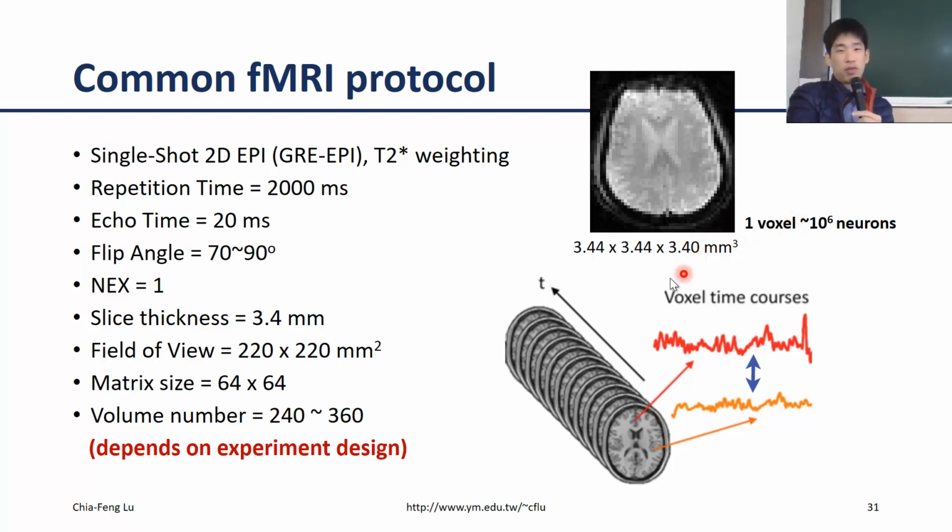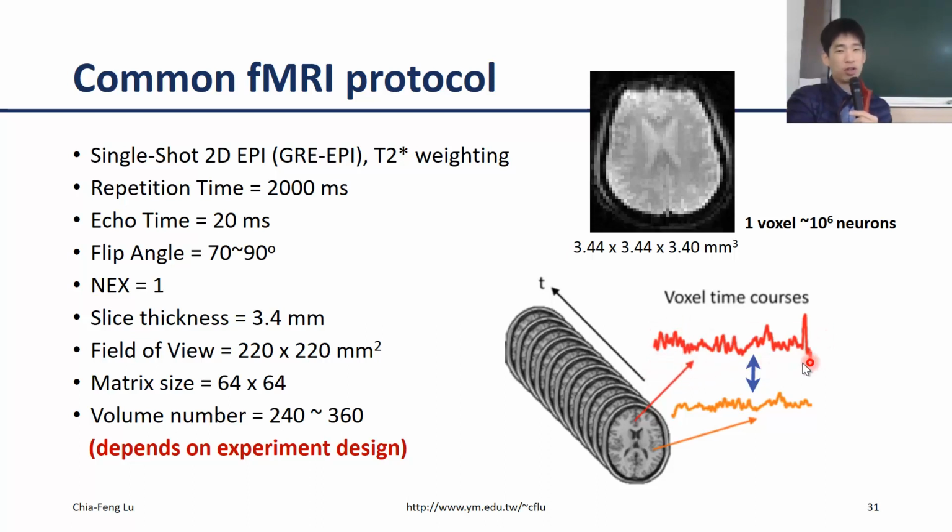As I mentioned before, within one voxel there are actually over 1 million neurons inside. So do not infer that we can measure a single neuron activity. That is impossible in fMRI. That is crazy, okay? We are repeatedly imaging using fMRI, but for every single voxel you can plot the signal intensity changes along time.